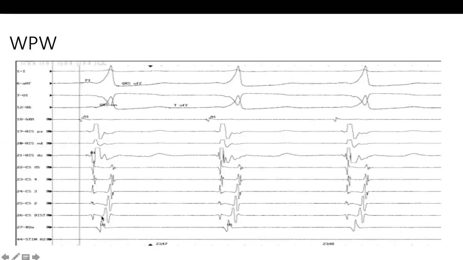But you need to consider the activation pattern rather than the shortness of the AV interval. Suppose this one is longer than the other, but the earliest is this one, then it is left-sided. The activation rather than the duration between A and V is what is considered.